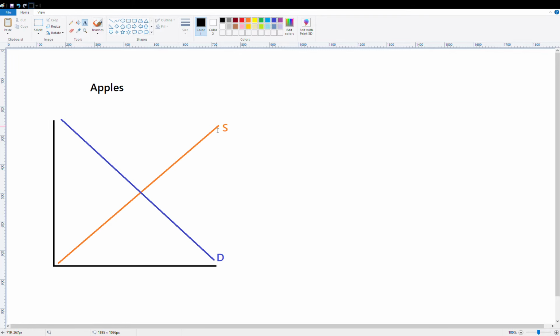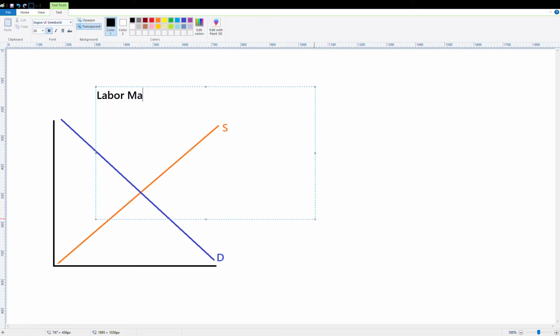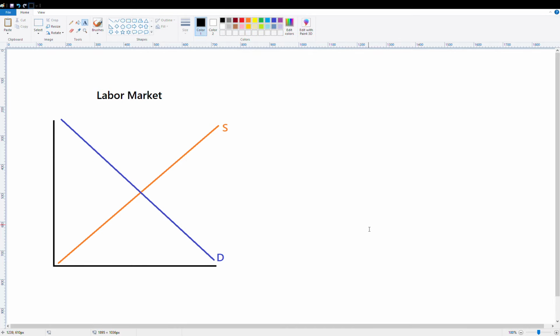Except in a labor market, it's the firms that are the buyers and the households that are the sellers. So this one represents the supply curve for workers, and this one is the demand curve for the companies wanting to hire.